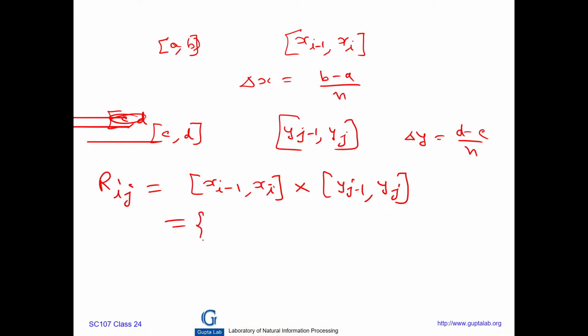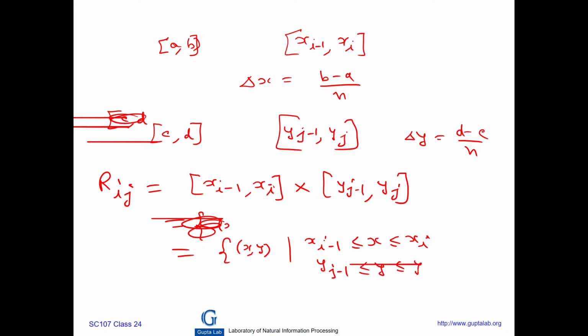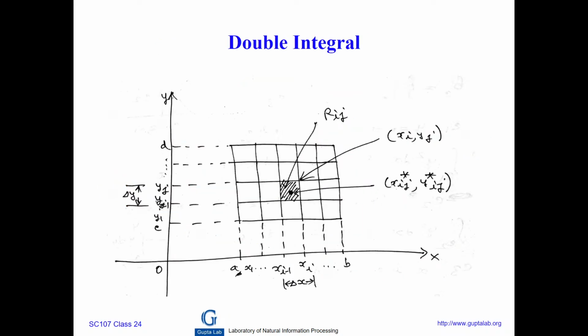So this is nothing but all points x comma y such that xi minus 1 is less than or equal to x less than or equal to xi, and yj minus 1 is less than or equal to y less than or equal to yj. So this is our Rij, right? Its length from here to here is delta x, and from here to here is delta y, right? Rij is a small piece of the rectangle that we have taken.